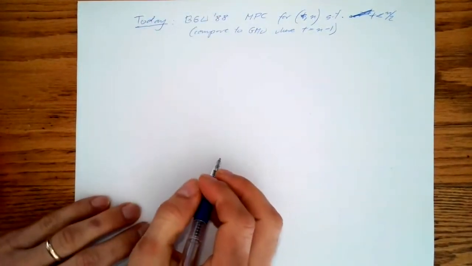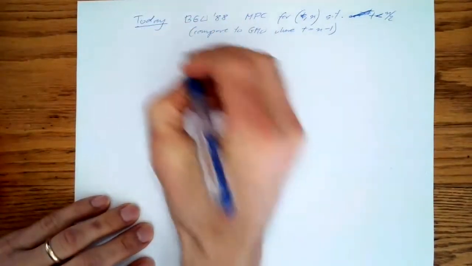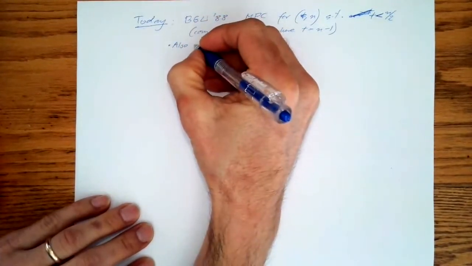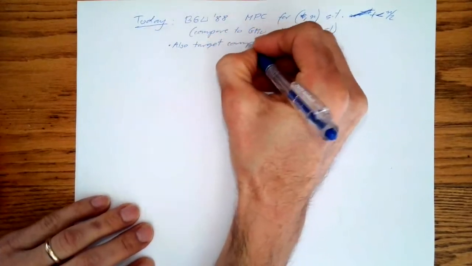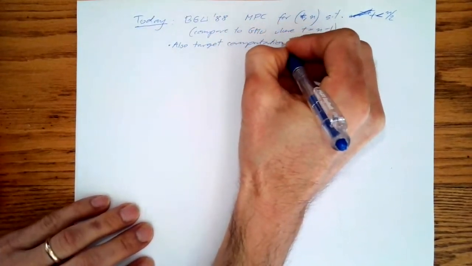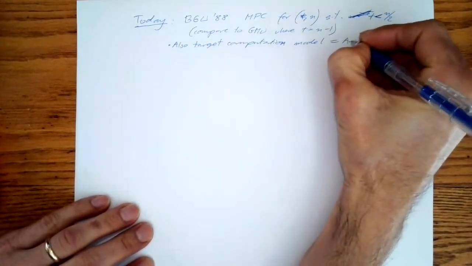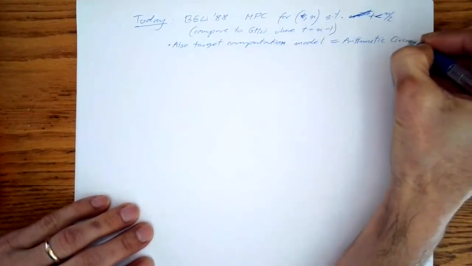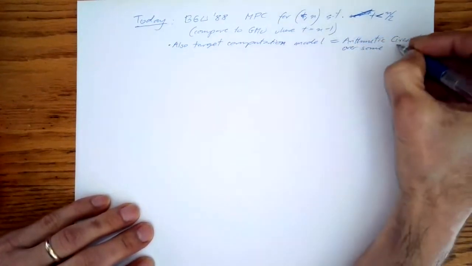Okay, so the BGW computation's target computation model is arithmetic circuit over some field.